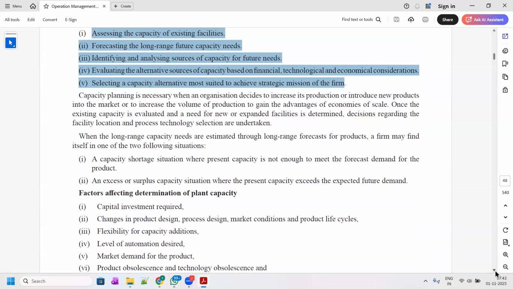The five points I have mentioned: assessing the capacity of existing facilities, forecasting the long-term future need, identifying and analyzing the sources of capacity, evaluating the alternative sources, and selecting the capacity. Just mention these parameters again. Adi, Rajshri, Gagna, please get an idea or discussion based on these parameters.